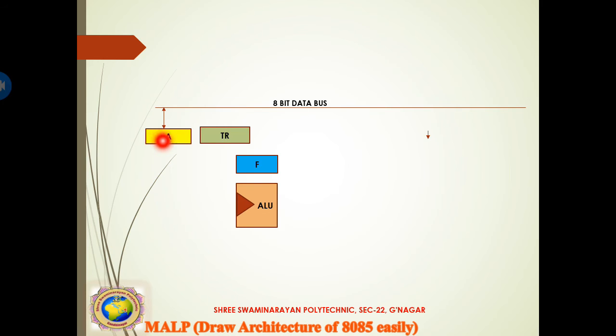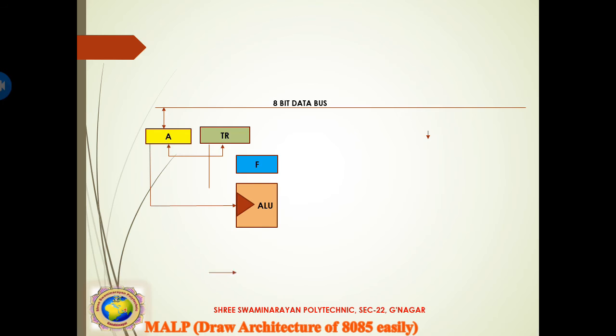So first I draw the accumulator, temporary register, flag register and ALU. Then I connect them with each other. How are they connected? Let's see. The accumulator is connected to the ALU, and also to the temporary register.